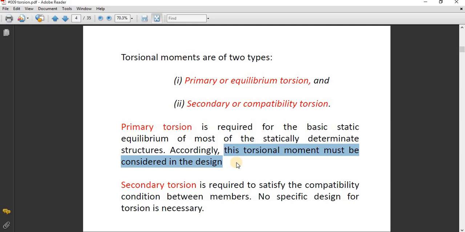We are going to discuss the clauses. How to consider this torsional moment in a design is given in the IS code. The IS code is the Bible for designing a concrete structure. So we are going to discuss which clauses are related to considering the torsion while designing an RC structure.